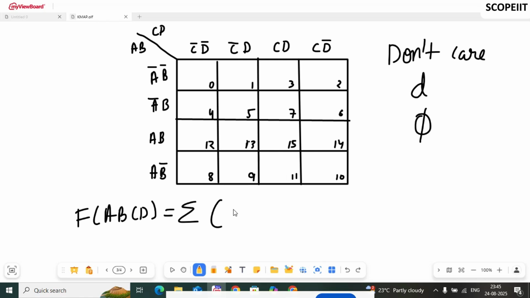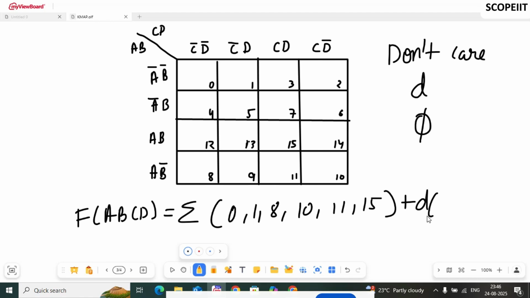For example, if you have numbers like 0, 1, 8, 10, 11, 15, plus suppose we have don't cares as 9, 14, and for example another don't care as 6.